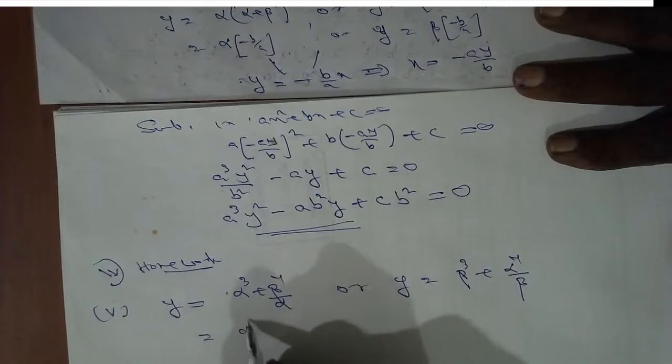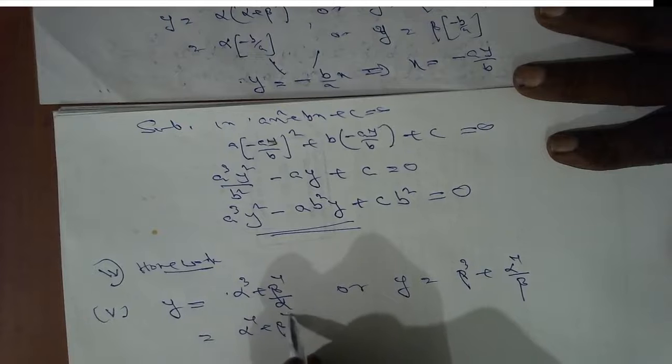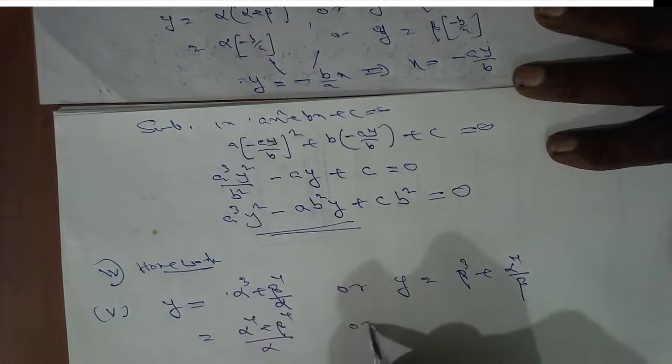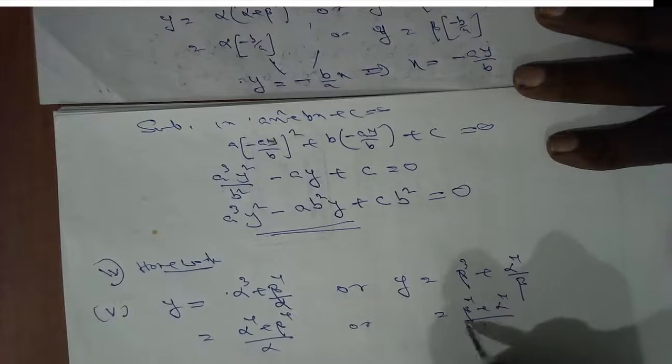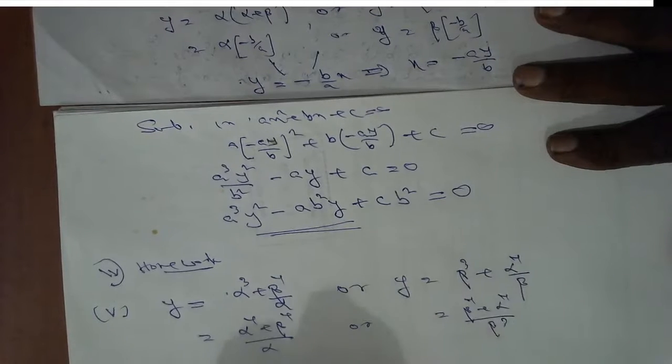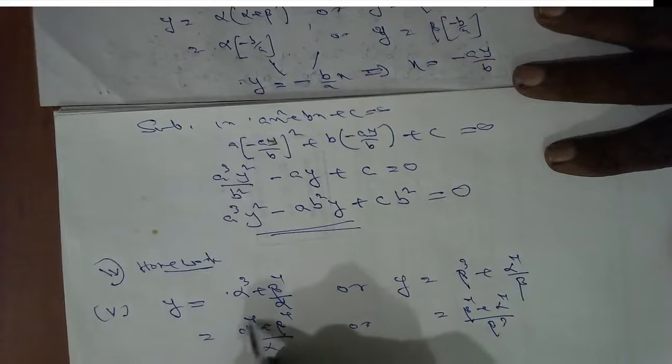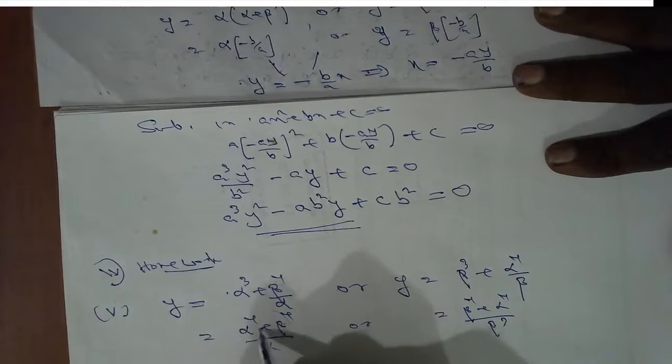So this equals alpha to the 4 plus beta to the 4 over alpha, or beta to the 4 plus alpha to the 4 over beta. Now you can substitute for alpha to the 4 and beta to the 4.